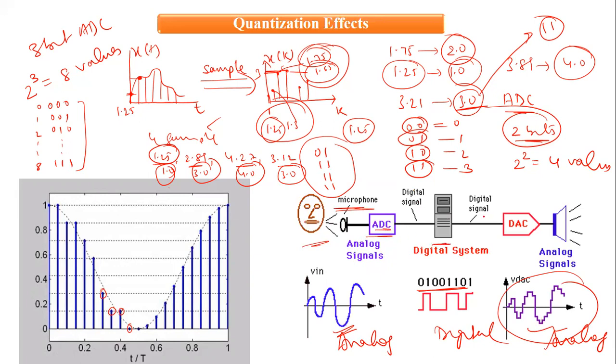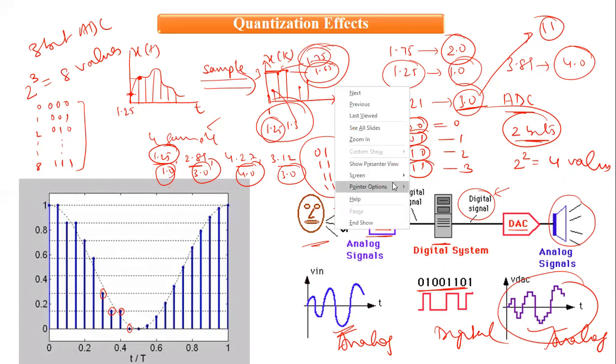We are using an A to D converter, then the digital system is generating some digital signal as output. We are using a D to A converter, that is a digital to analog converter, and the speaker is saying the same thing which the person is speaking. The speaker is not giving you ones and zeros, it is giving the same thing as an output which the person is speaking, right.